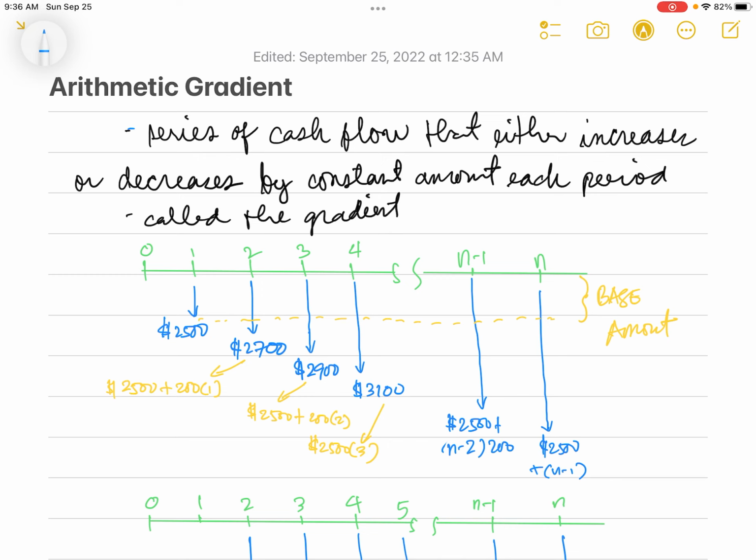If you recall our discussion previously on interest formulas, we started with computing the future value of a present amount of money given an interest rate I over n interest periods, and then we proceeded with computing the present worth of a future amount of money given an interest rate I and over n interest periods.